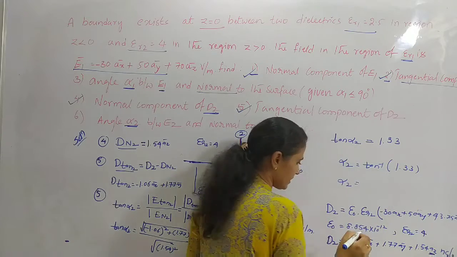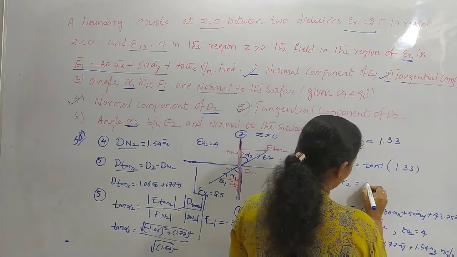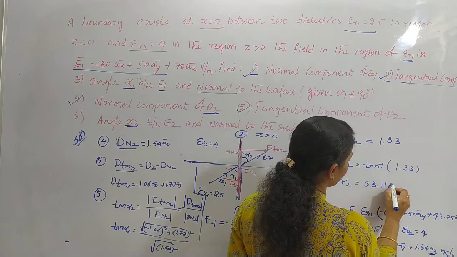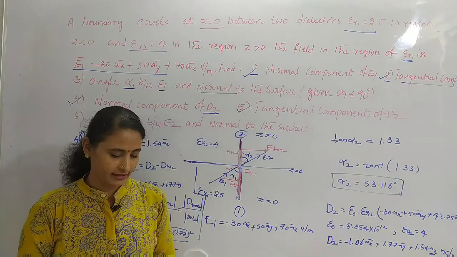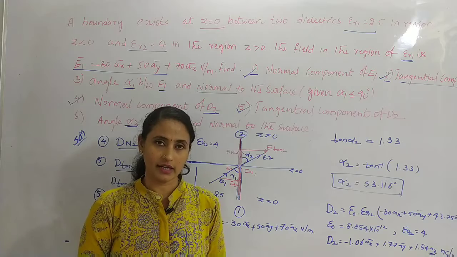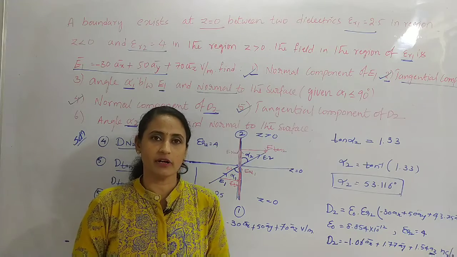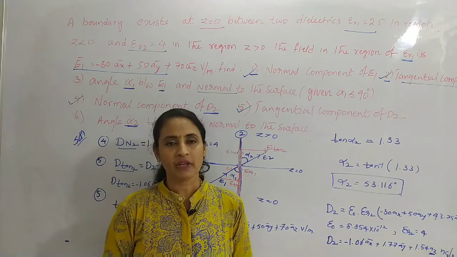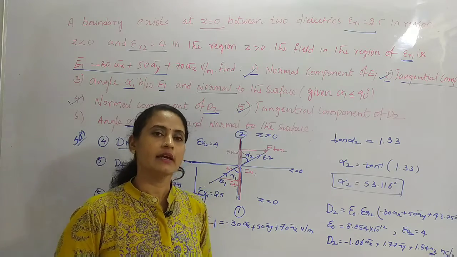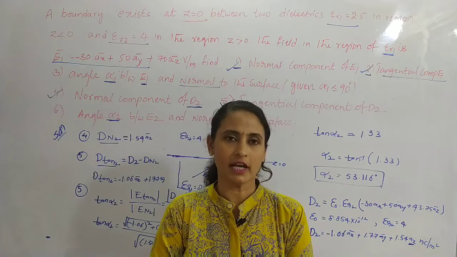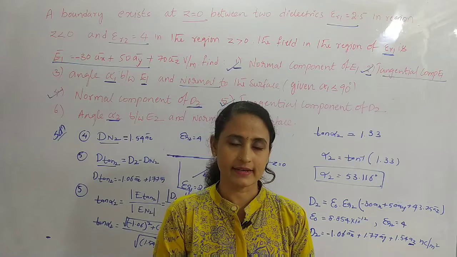So alpha 2 is 53.116 degrees. This is the angle between D2 or E2 with respect to the normal to the boundary. This is about one of the numericals on boundary conditions. We will solve a few more numericals on boundary conditions in the next class. Thank you.